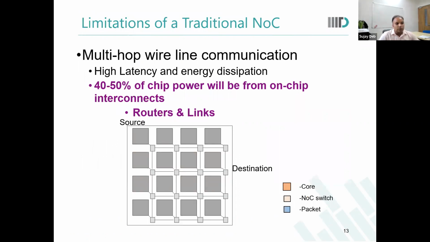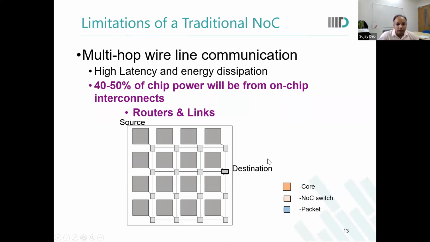Now, how does network on chip actually help us achieve our goal? Let's say this is our source node and this is our destination node, and after computation the message needs to be sent from here to here. The packet will move from the source to the destination through these switches, in a multi-hop communication. After the first hop, it will reach this switch, which will decide, depending on the destination, which output port the packet should take, and move it in that direction, and so on, until it reaches its destination.